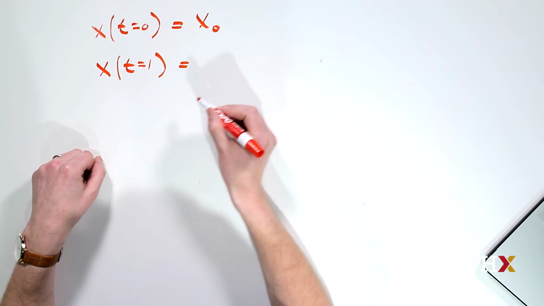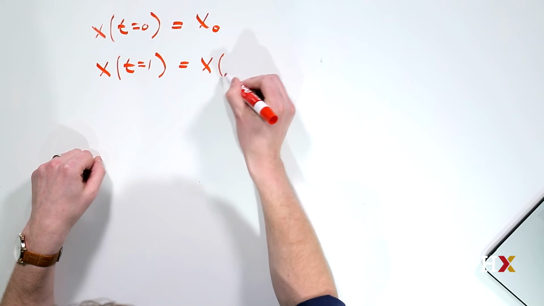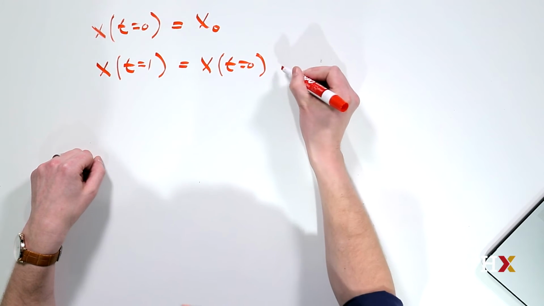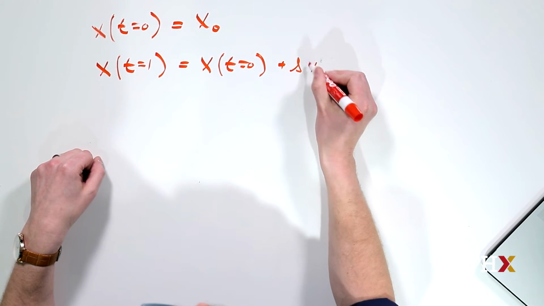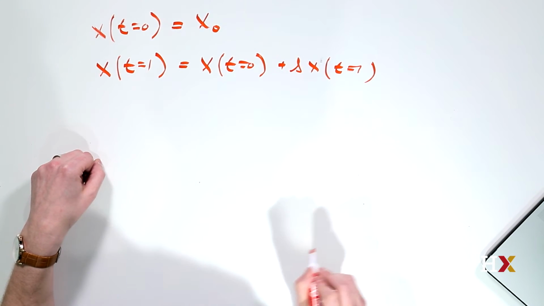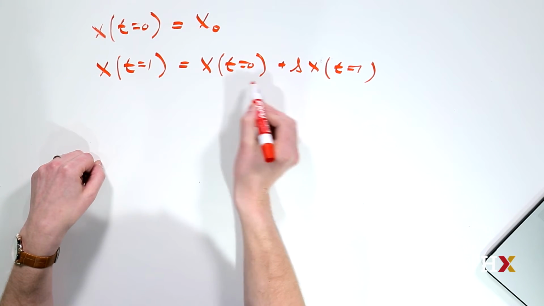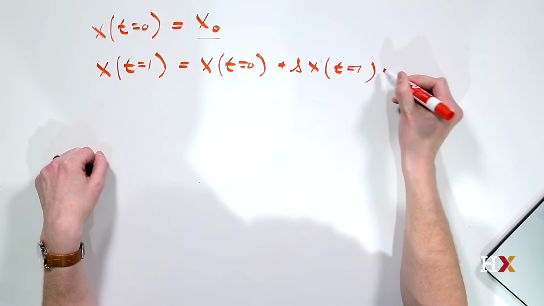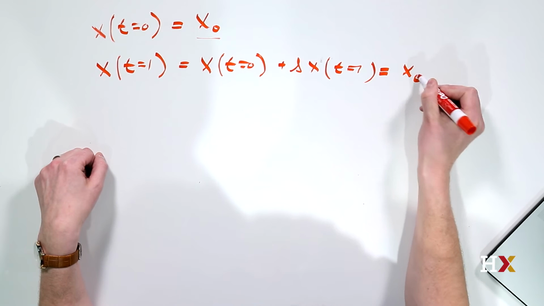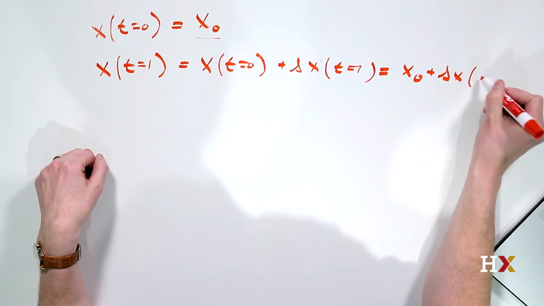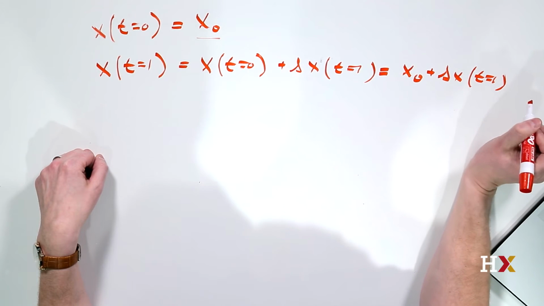This will be given to us by the location of the random walk at the previous time step, t equal to 0, plus some displacement, delta x, at time t equal to 1. Because x at t naught is simply given by this term over here, we can simplify this to x naught plus delta x at time t equal to 1.